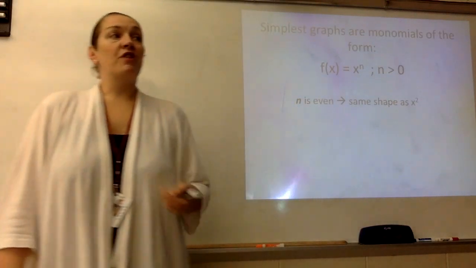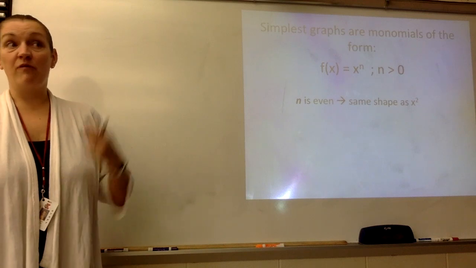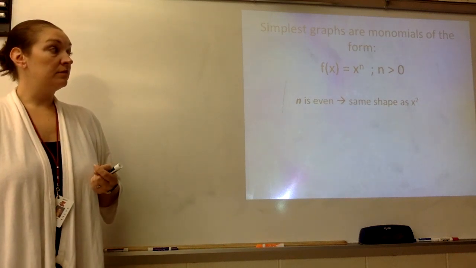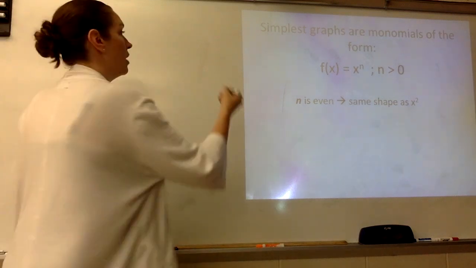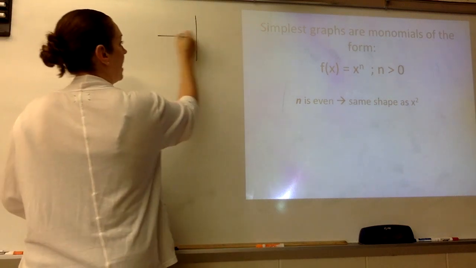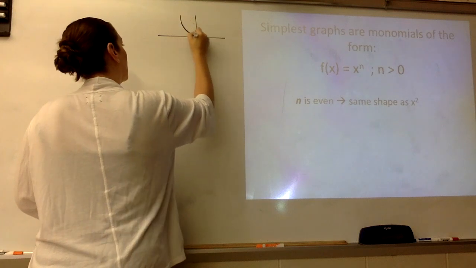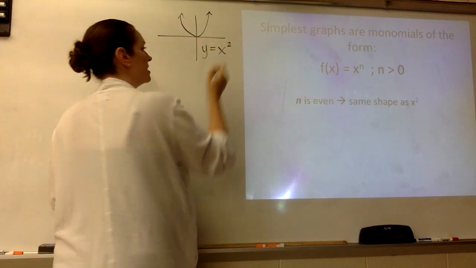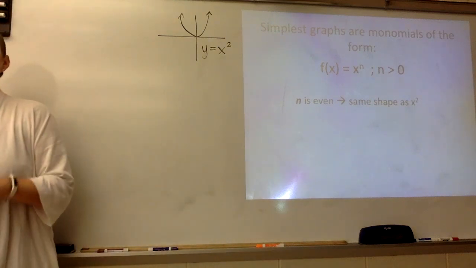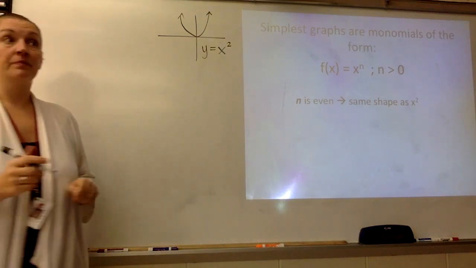Now, the simplest graphs are what we call monomials. They have one term involved. And we're going to link this to what we already know. So, here's what I mean by that. If I say, in general, sketching, this is the graph of y equals x squared, it is U-shaped.